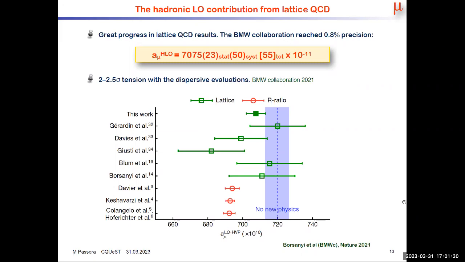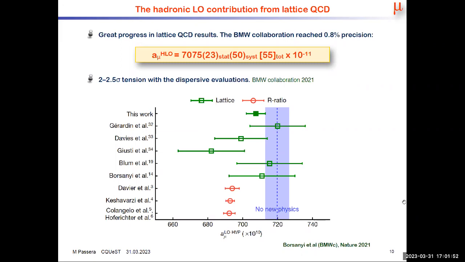So this result has been obtained on the lattice. You see, very, very precise. There were other results, of course, before, but this one is the first at this level of precision. And it's different, clearly different. There is a tension of 2 or 2.5 sigmas, and it goes in the direction of the measurement of the g-2. You see here there is a blue band.